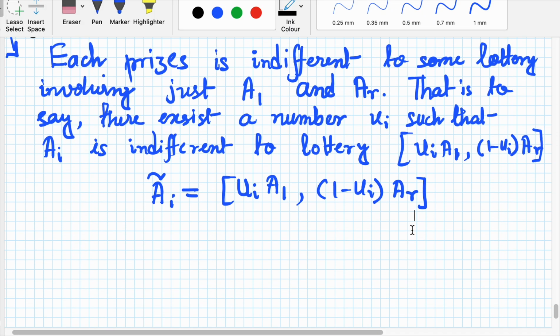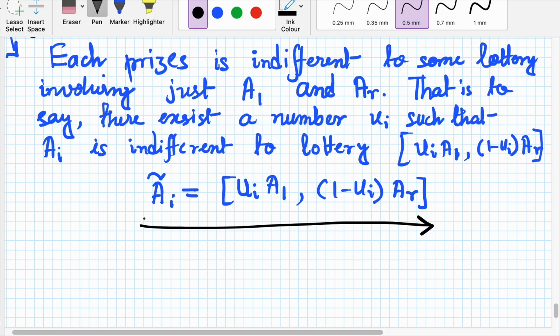Now why is this assumption or axiom quite feasible, let me explain.